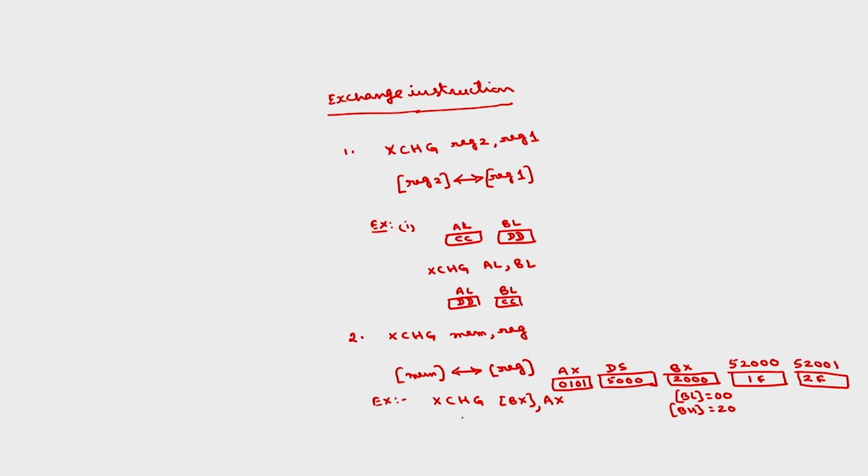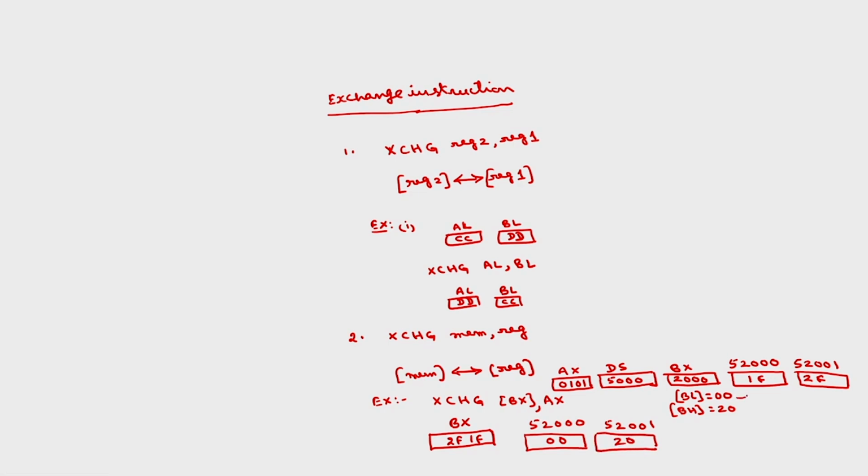After this, the contents of BX, which was 2000, become 2F1F, and the contents of 52000 will become 00, and 52001 becomes 20.